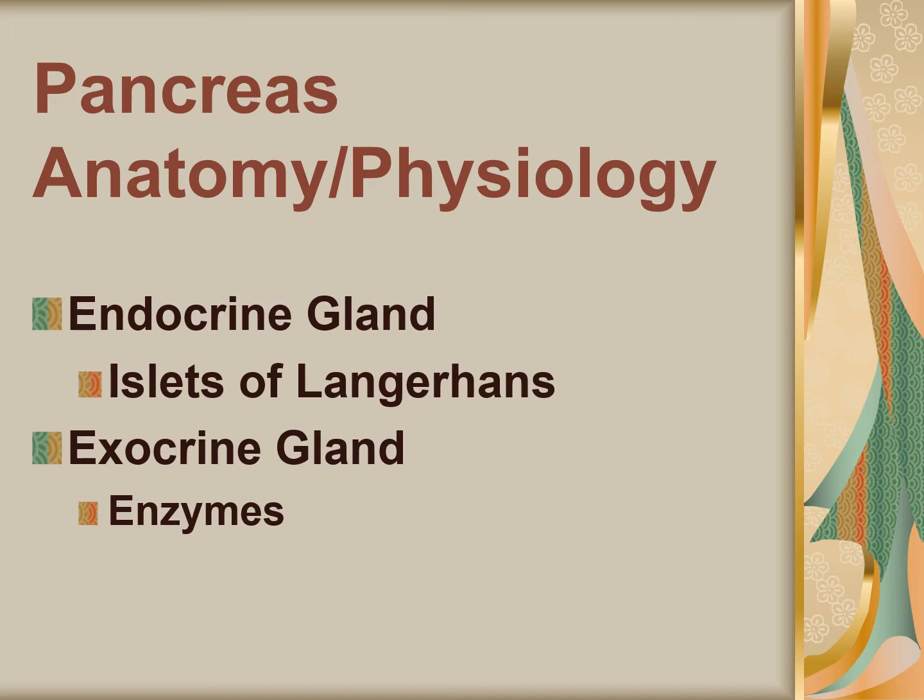And bicarbonates, and these are going to be secreted and regulated by the cholecystokinin and secretin that are produced in the duodenum and then released into the bloodstream when the food enters the proximal portion of the small intestines.